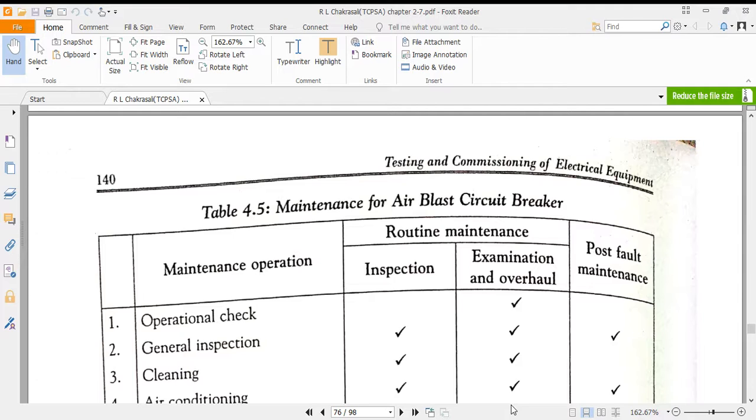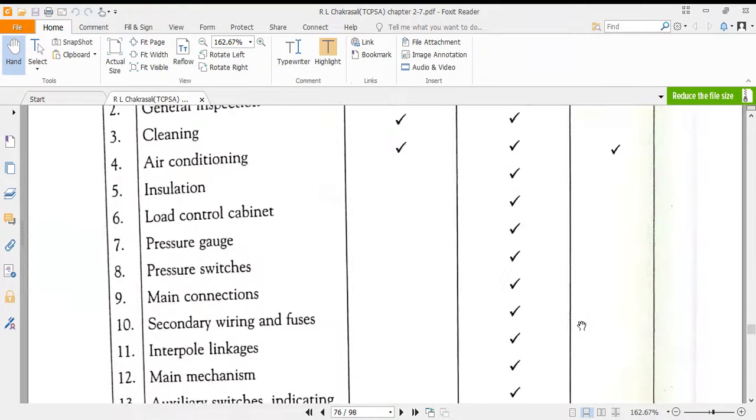So likewise, we can have a consolidated maintenance list for three kinds of circuit breaker in one table. That is the best idea.